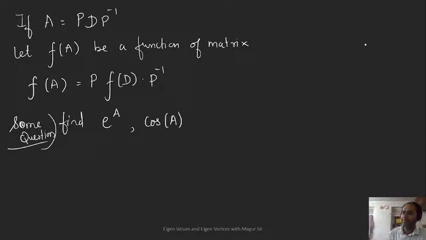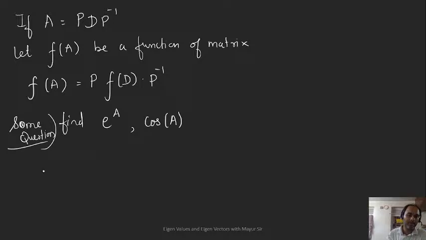We never write a matrix in a power notation, but there is a concept for a matrix also, that a matrix can also go in power. There is nothing stopping anyone in mathematics.